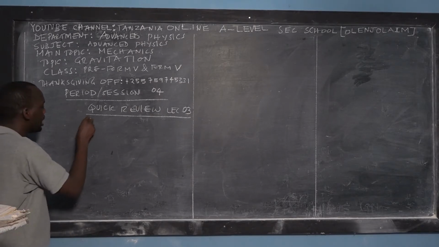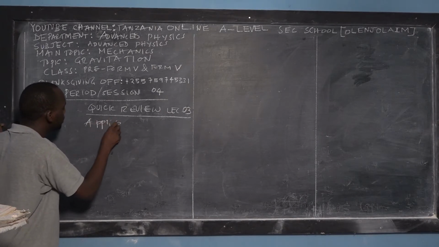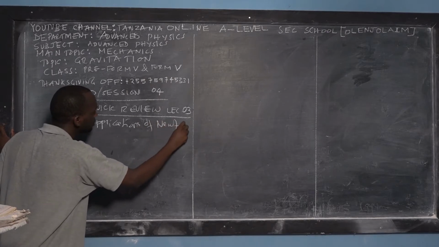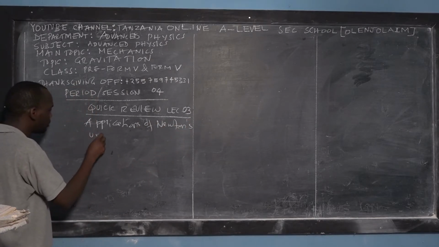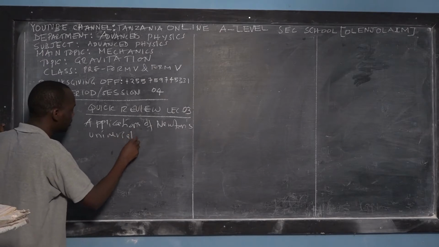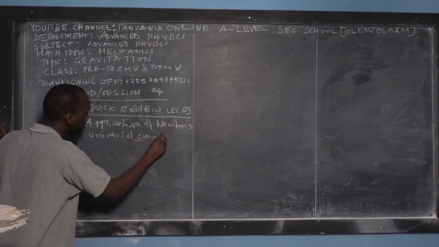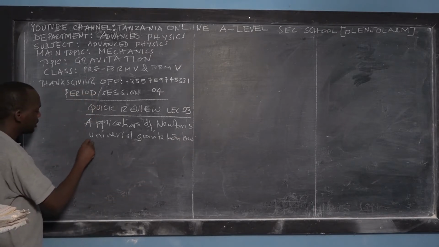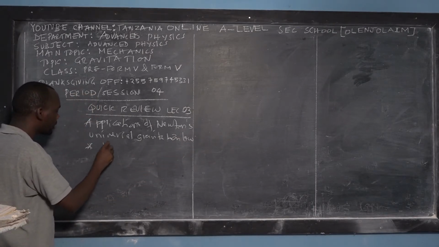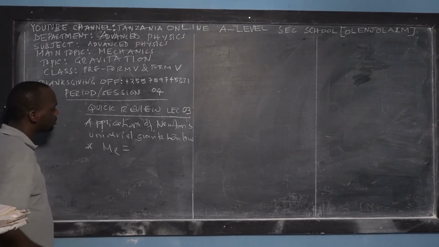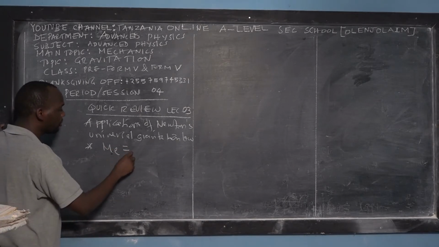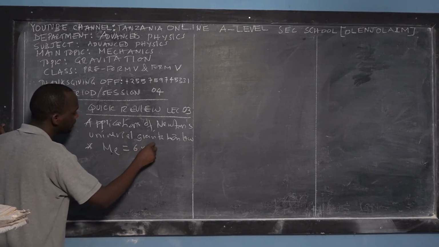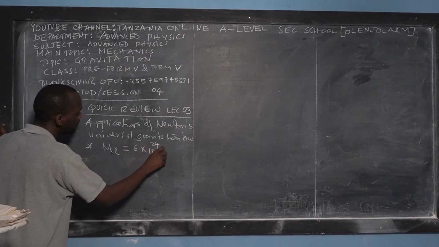In lecture 3, the subtitle was the applications of Newton's universal gravitational law. The first application we learned was how to deduce the formula for the mass of the Earth, and we made the computations and found that the mass of the Earth is 6 exponent 24 kilogram.